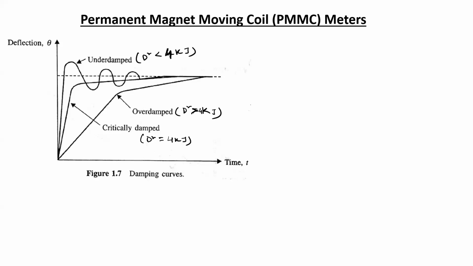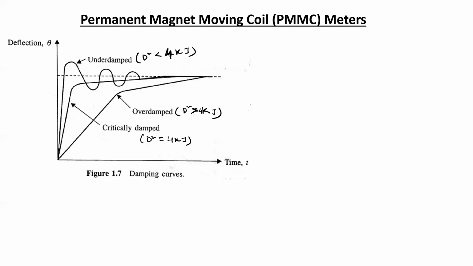And also the weakening of the springs due to aging can be another source of error when these sort of devices are used for a longer duration. If the springs are weakening, maybe they would not be able to bring the pointer back to zero as it's supposed to. So there might be some mechanical errors introduced.